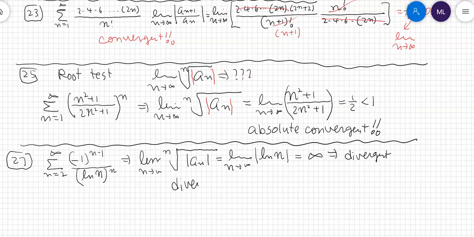Now, so this is divergent, but this is a very interesting question. The summation of this is a_n. A_n is convergent. Why? Because it's an alternating series. Okay.